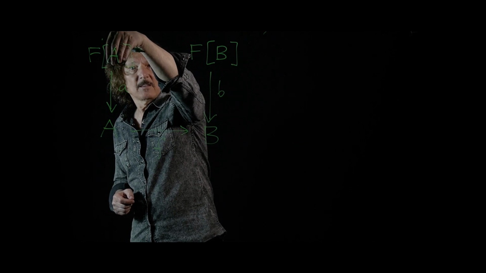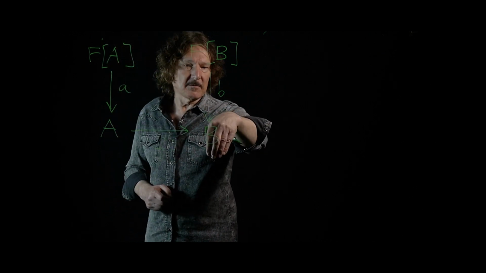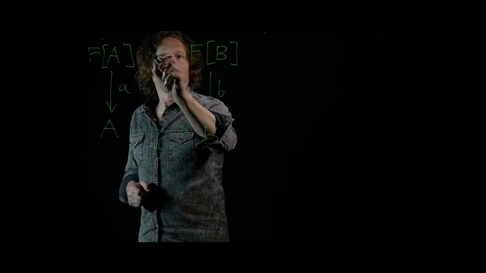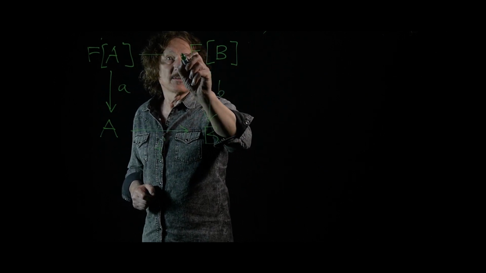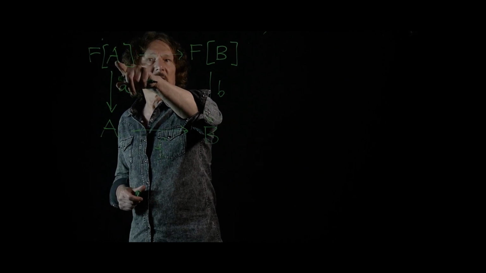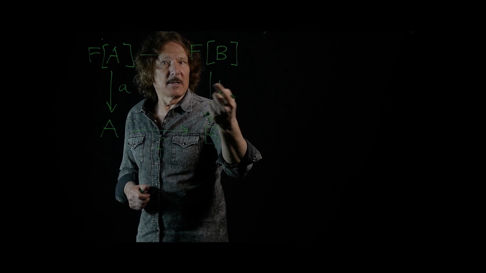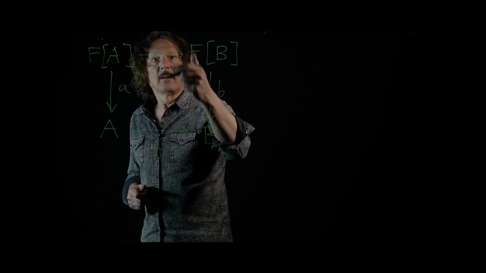We take Fa, this expression, evaluate it down to A, and then apply this function. Or we can first apply f to the contents of this expression using map, right? Because it's a functor.